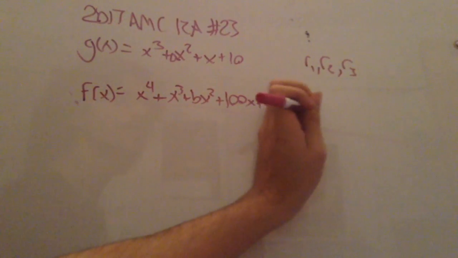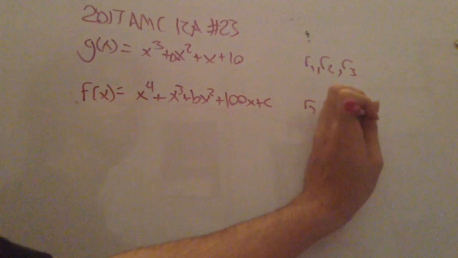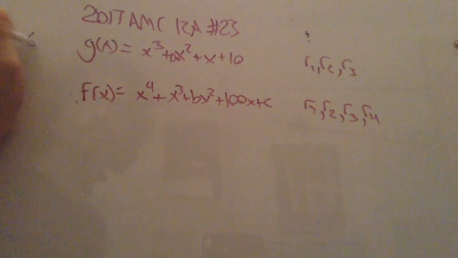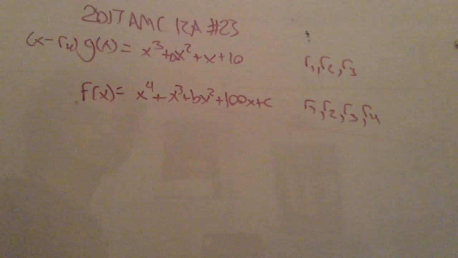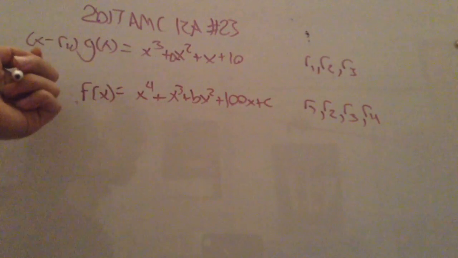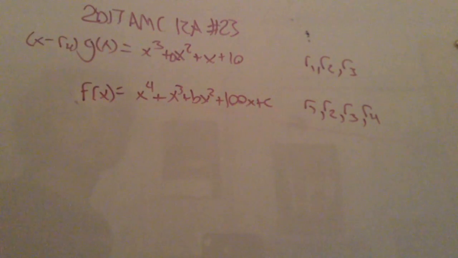And this has the same three roots plus one more. Now, the Richard Rusczyk solution would be to multiply g of x by x minus r4, and since now they have the same roots, same degree, a linear times a cubic is a quartic, and they have the same leading coefficient, that would make these equal.